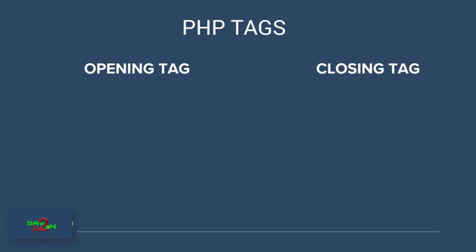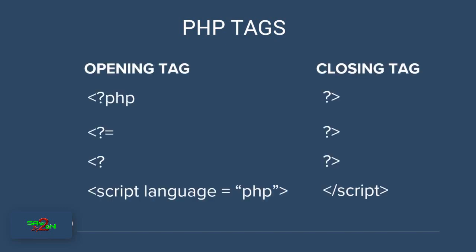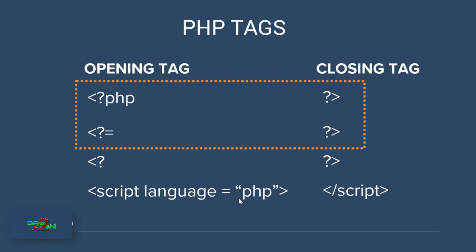The first is the PHP tag. The PHP tags are basically 4 types. Opening tag and the closing tag is 2 that we have seen and 2 we haven't seen. That's basically the less than question mark and question mark greater than, and then you have a script tag. We will be only using this 2, will not be using the other 2. The reason behind is PHP 7 doesn't support these 2 tags.